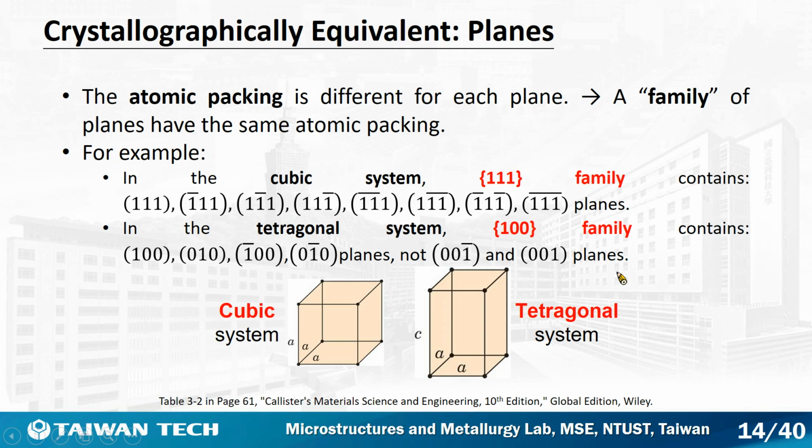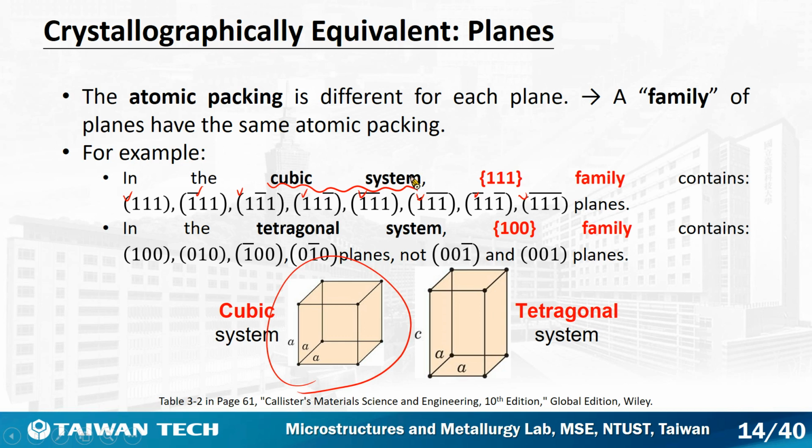For example, for cubic systems, like this picture, the 111 family of planes contains all of these, regarding the negative signs, and this is because all of them have the same atomic packing.